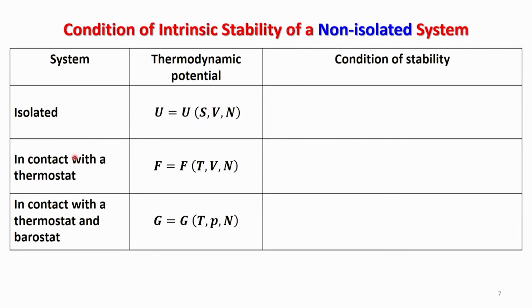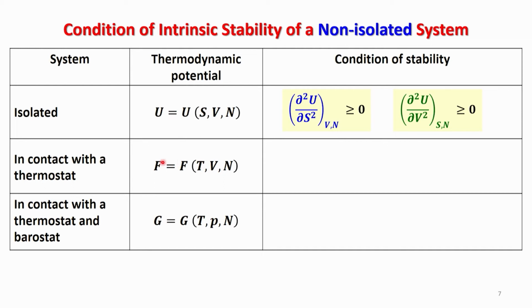If I have an isolated system, I know the thermodynamic potential is U, which is a function of S, V and N. And we have already talked about the condition of stability in terms of the convex nature of U with respect to its extensive variables S and V. Now, when I have a system in contact with a thermostat, I have replaced S by T, and this is a Legendre transformation.